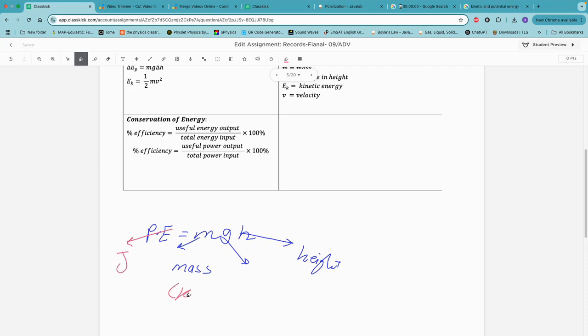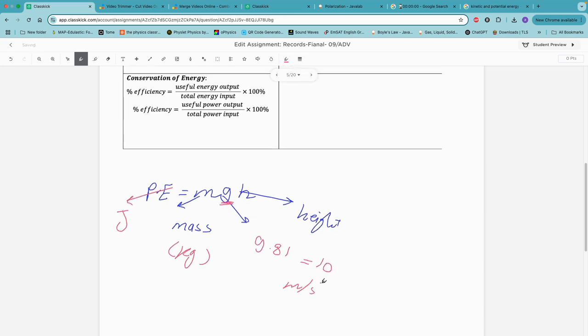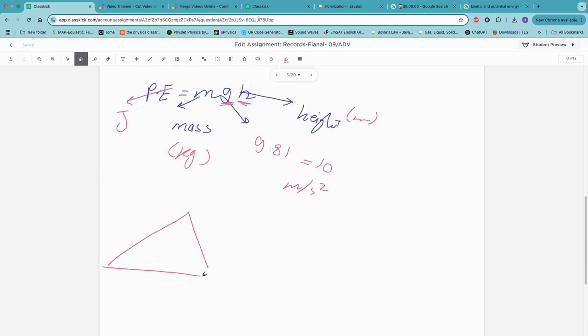Mass is measured by kilogram. g mainly is always 9.81 or 10 meter per second squared. Finally, height is meter. We are able to calculate any of these based on what we are given and what is required. So we can use this method, mgh, to make it easier for you.